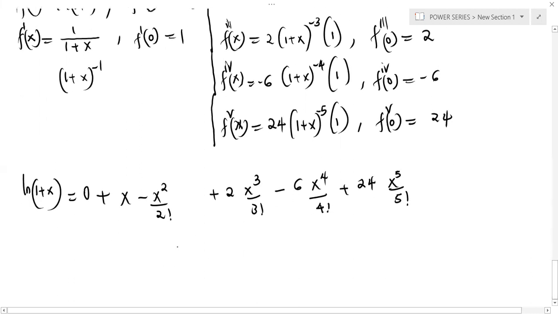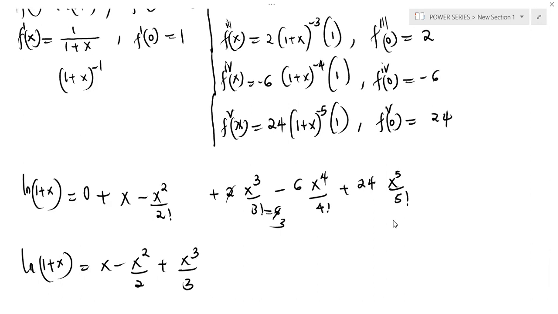So we could go ahead and simplify this, so that ln(1 plus x) is equal to x minus x squared over 2. 2 factorial is 1 times 2, which is 2. You can evaluate it with your calculator. 3 factorial is the same as 6, 3 times 2 times 1. So 2 goes here, and we'll have plus x cubed over 3. 4 factorial is 4 times 3 times 2 times 1, which gives us 24.